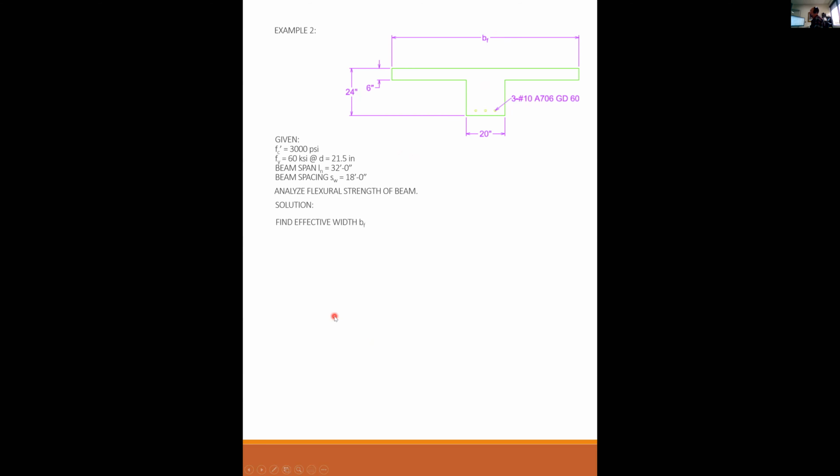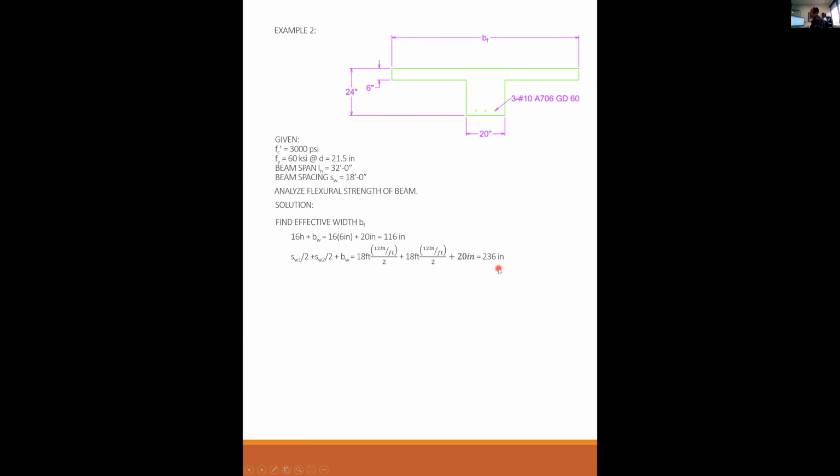Solution. First, we have to find our effective width. So we go through the same exercise: 16 times the height of the slab plus the stem width of 20 inches, so that's 116. Or I go halfway to the next beam plus halfway to the next beam plus the width of the stem.